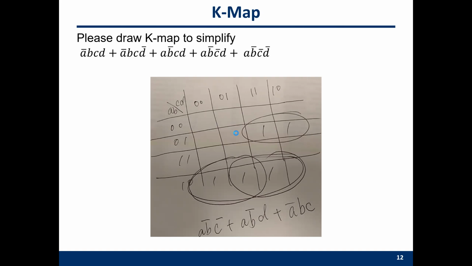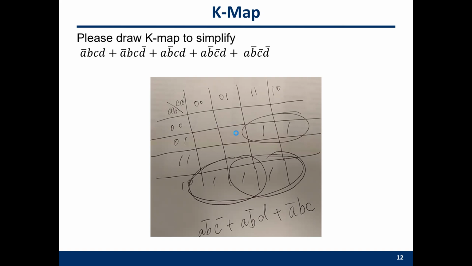And then you can write the corresponding term in each box. For example, the first term is A bar B. So in order to identify which box the first term should be in, you just need to consider how this term becomes one.